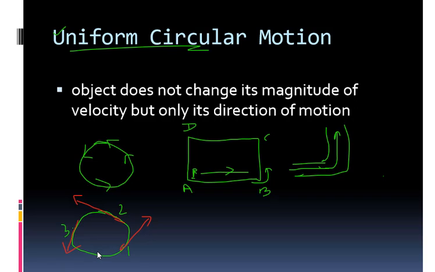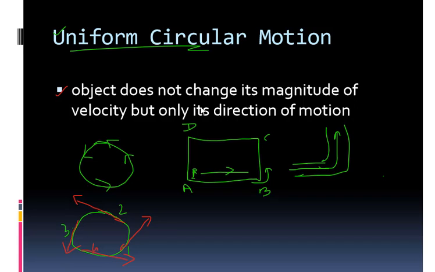So direction changes. If you take another point here, suppose this is point number 4. So here the direction of the body is like this. The body is moving in this direction. So at different points, the body will have different direction, although the speed or the velocity of the body remains constant. So this is the concept of uniform circular motion.